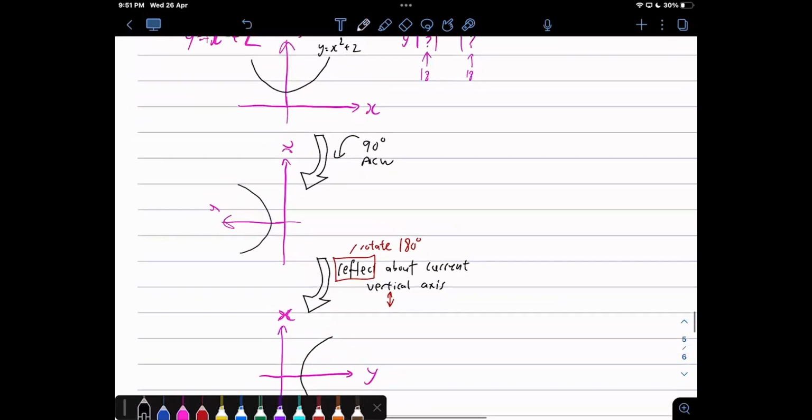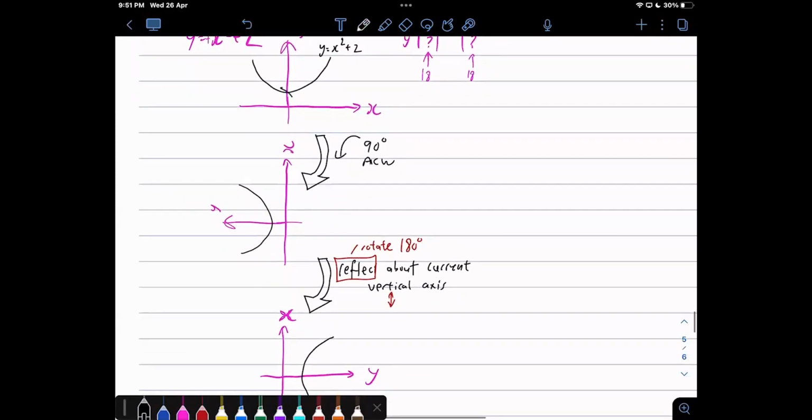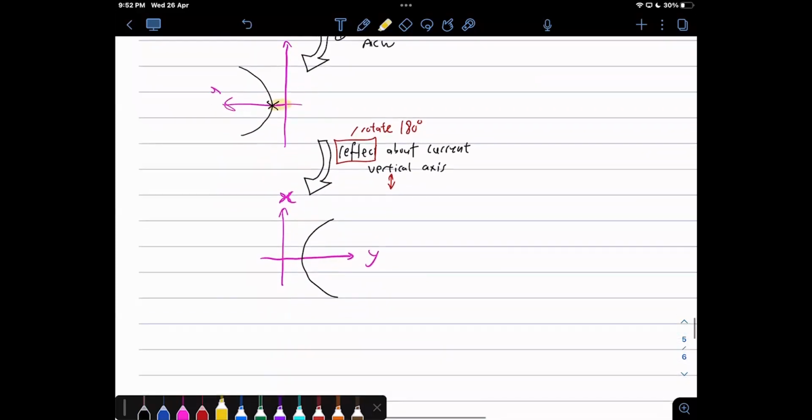So let's label some of the points. Over here was x squared plus 2. So over here was what? 0, 2, right? Over here, if you rotate it, then this essentially becomes a 2-unit length over here, right? The yellow highlight. Then you reflect it, so it becomes a 2-unit length on the right side instead, right?